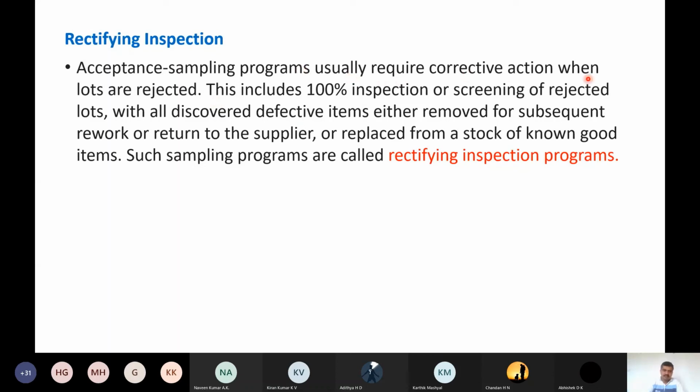This includes 100% inspection or screening of rejected lots with all discovered defective items either removed for subsequent rework or returned to the supplier or replaced from a stock of known good items. Such sampling programs are called rectifying inspection programs.